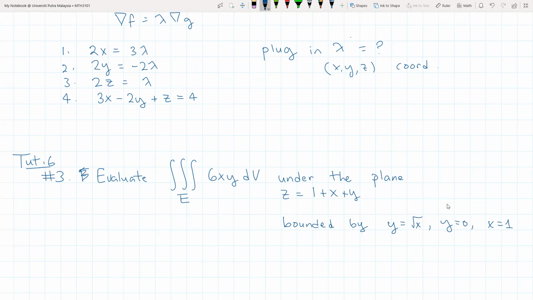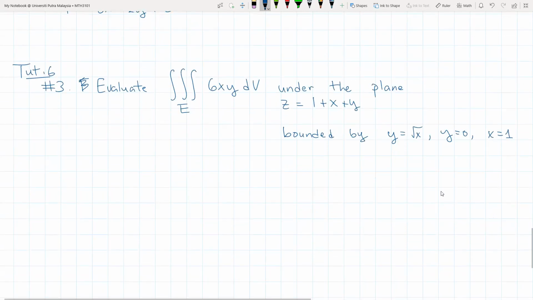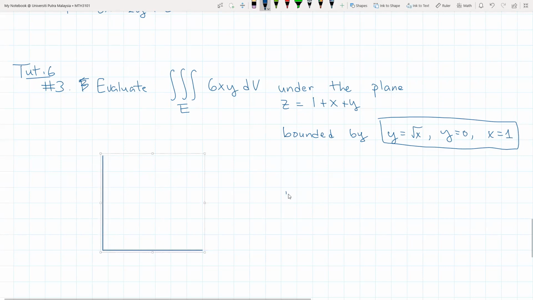Now, first things first, you don't have to sketch, but it is better to sketch, because when you sketch your region, it's easy to see what kind of region you are going to evaluate. Looking from above at the x and y coordinates, this is y, this is x.